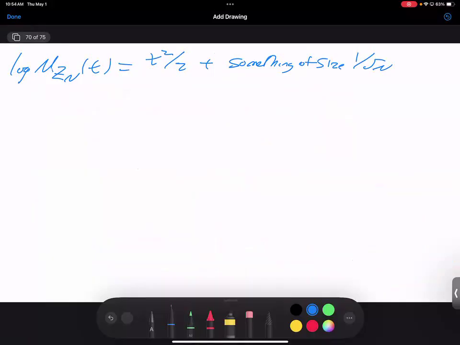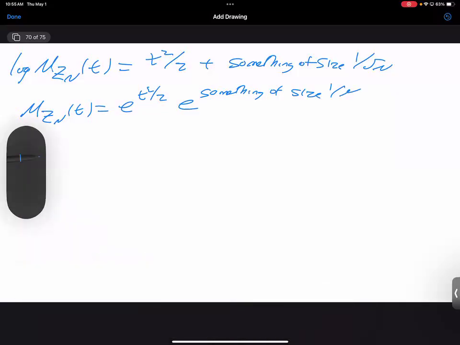Well, if that's the logarithm, how would I figure out what the moment generating function of Zn of t is? Yeah, I exponentiate. So we get the moment generating function of Zn of t is just e to the t squared over 2, e to the something of size 1 over square root of n.